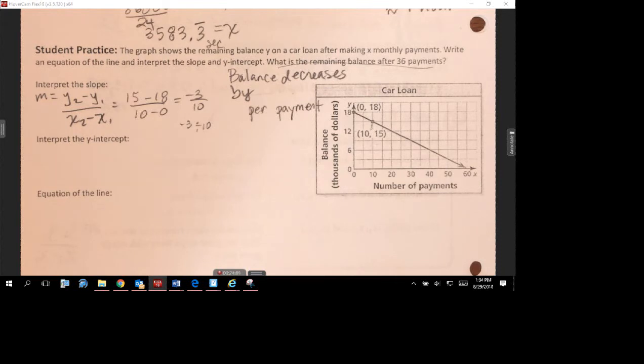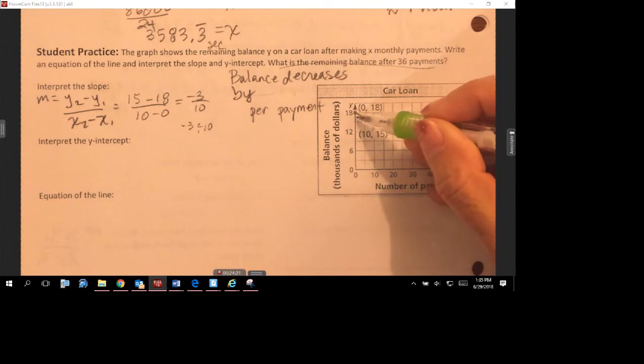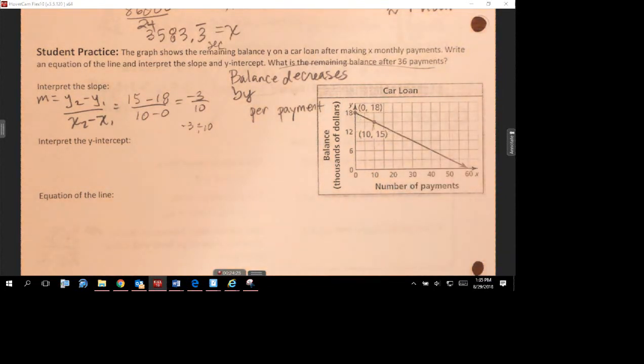Right, but my slope is just how much I pay per month. And it's 0.3. Am I paying 30 cents on this? You think I'm paying 30 cents on my car loan? What am I not noticing here? It's going to go down 0.3 every month, but that's not 30 cents.